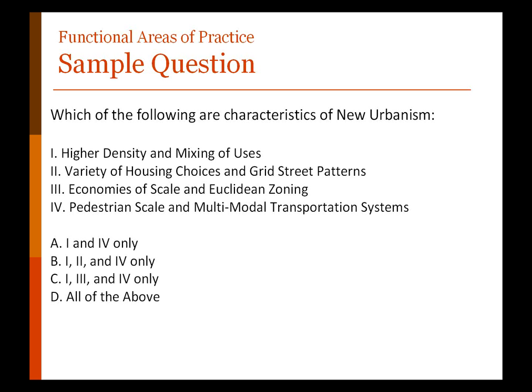So if I was on the exam and didn't know the answer, I would pick B, because number 3 to me is the weakest of those 4 choices. And as you see, B is the correct answer in this case. The Euclidean zoning does actually kick it out. So that's an example of a 2-tiered question.